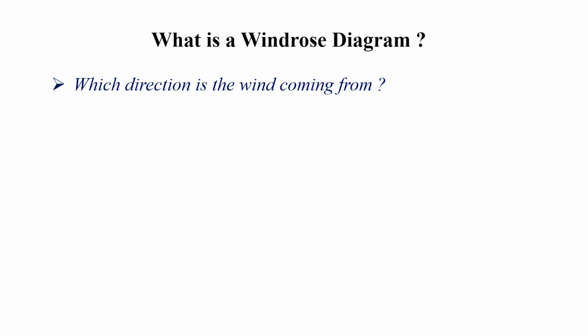One major thing that you have to understand in terms of wind data is which direction the wind is coming from. That is what the Windrose diagram will actually teach you. So, always remember, when you look into a Windrose diagram, you should understand from which direction the wind is coming. It is not at which direction the wind is going, it is from which direction the wind is coming.